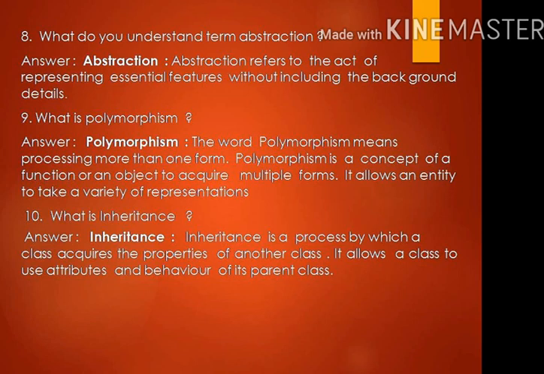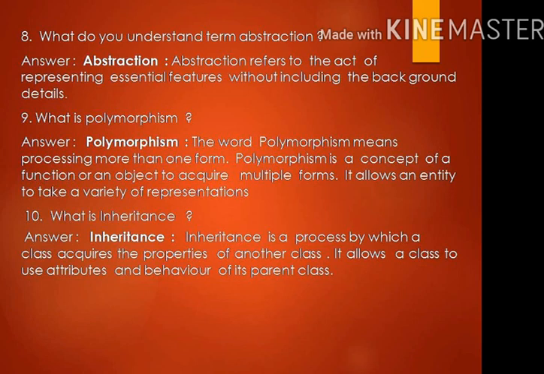Question number 9. What is polymorphism? Answer. Polymorphism. The word polymorphism means processing more than one form. Polymorphism is a concept of a function or an object to acquire multiple forms. It allows an entity to take a variety of representations.